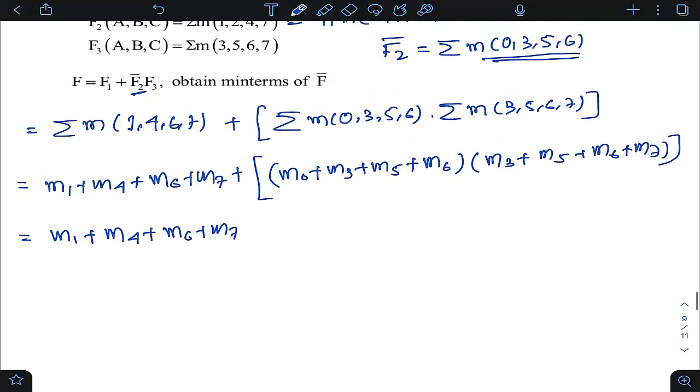Here one important property which you have learned, we will be using: min term i ANDed with min term j is equal to 0 if i and j are different.